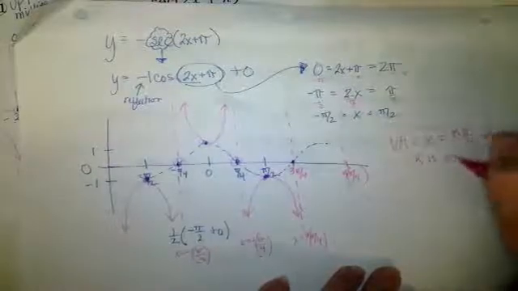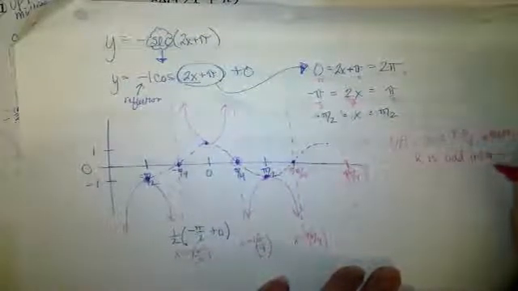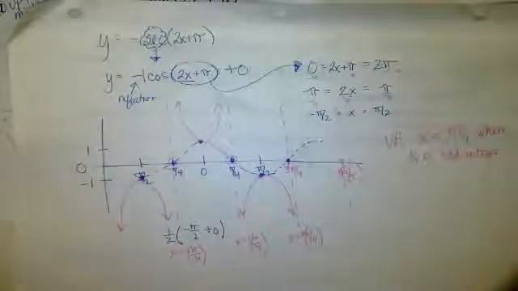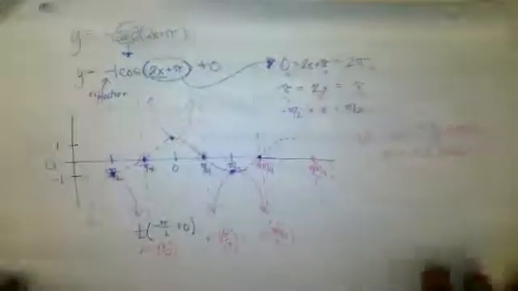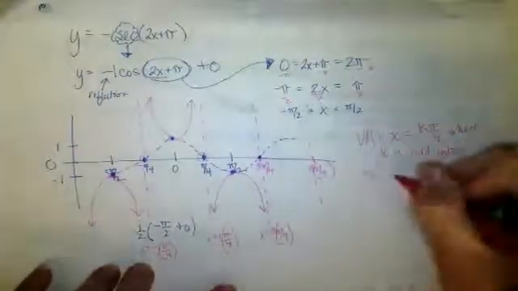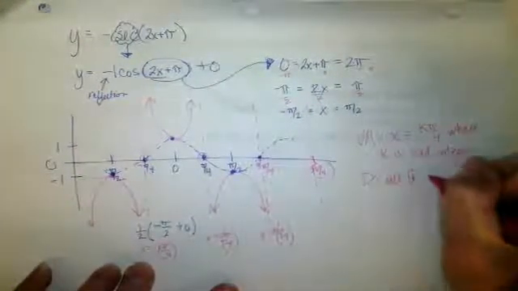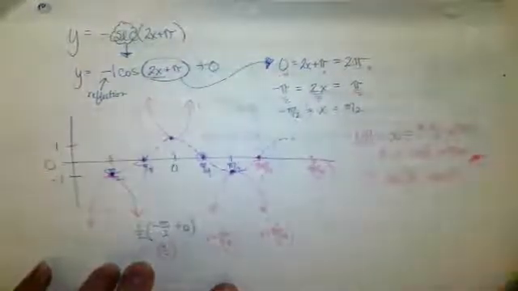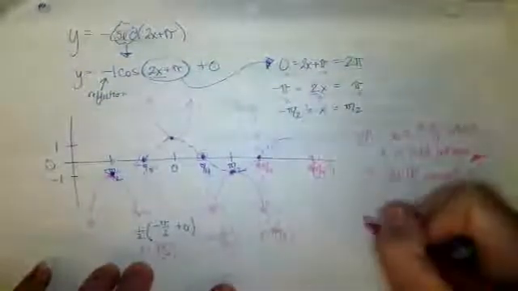An odd integer. Good. Because they were odd. Negative 1, positive 1, 3, 5, 7, odd integers. So the domain would be all reals except all of those x's that we just excluded because they're asymptotes.